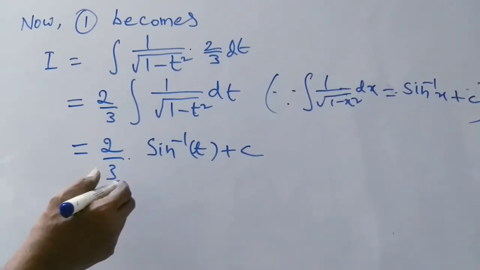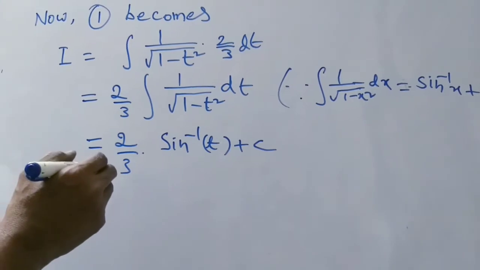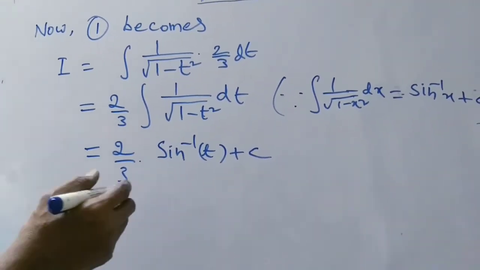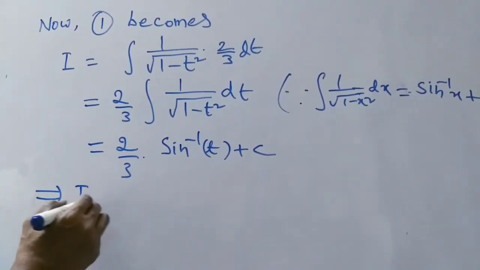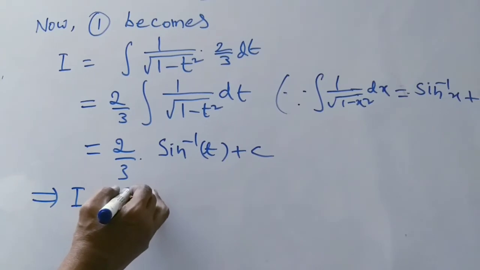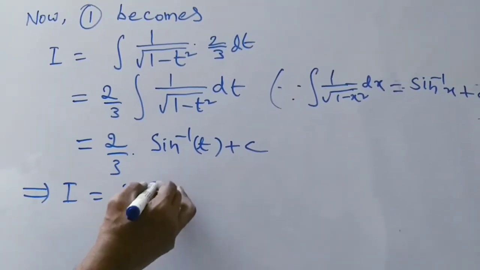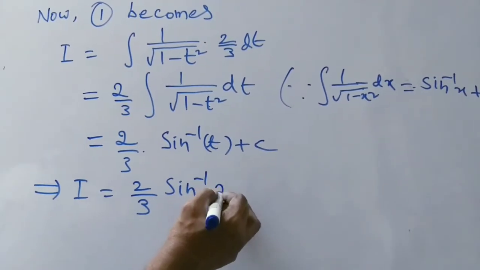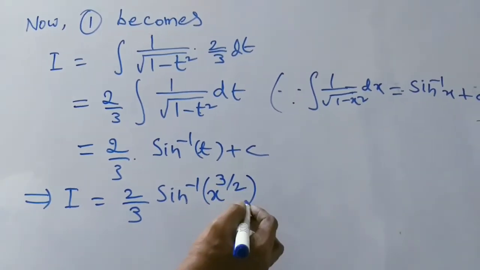Now we have to substitute in place of t the value x to the power of 3 by 2, which we already took. Putting x to the power of 3 by 2 equal to t, it implies I is equal to 2 by 3 sin inverse of x to the power of 3 by 2 plus c.